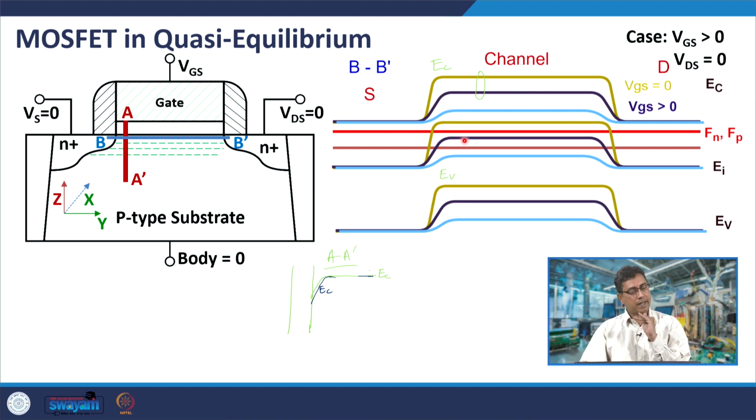Once it quite aligns with the conduction band of the source, electrons in the source have a thermal energy. If the difference between the conduction bands in the source and in the channel is comparable to the thermal energy, then you have injection of electrons from the source into the channel.